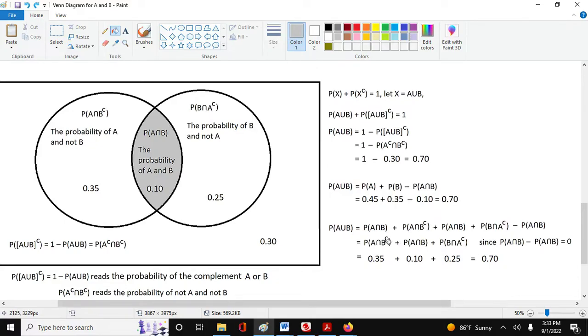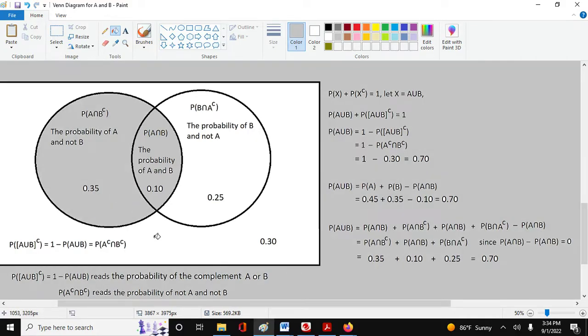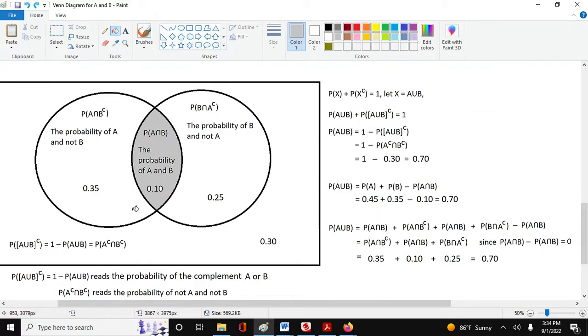So probability of A and not B is here. Probability of A and B comes here. This probability of A and B cancels this one, so this equals 0, as it says here, and probability of B and not A comes here. So if we add all these together, everything that's gray, 0.35 plus 0.10 plus 0.25, we get 0.70.